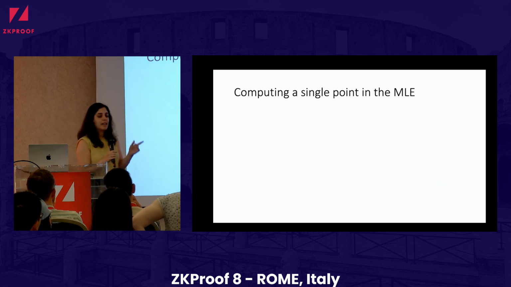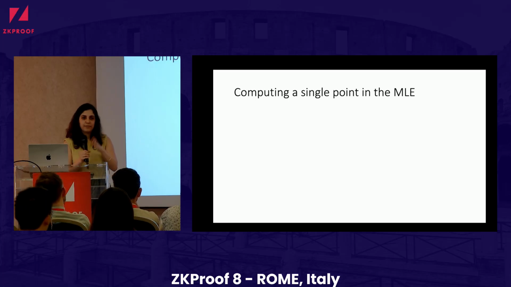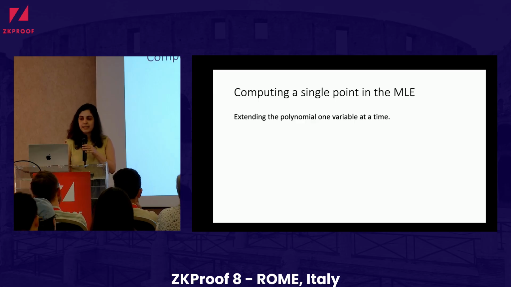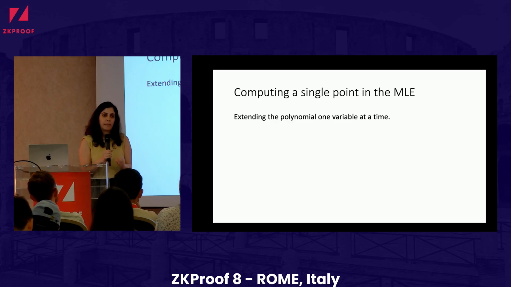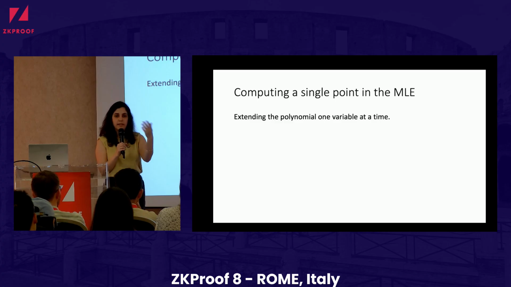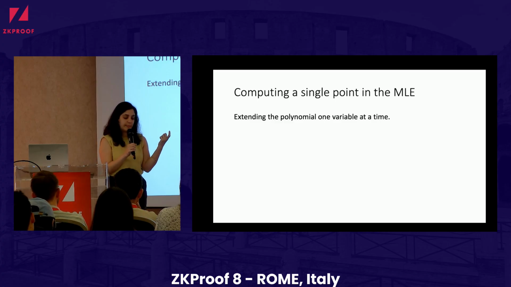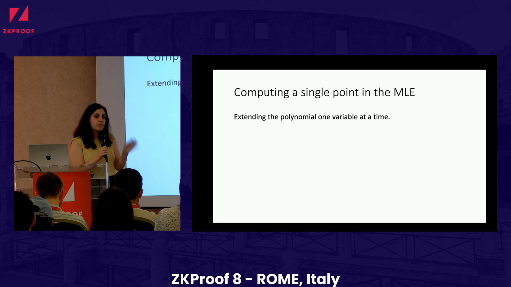So it turns out it's not even trivial to compute a single point in the MLE in linear time, let alone proving. So why is this still possible? The way this is done is that we extend the polynomial one variable at a time. So we can think of it the following way. One point in the MLE is just a linear combination of the original function, right? But it's a linear combination with really nice coefficients that have a very nice structure.